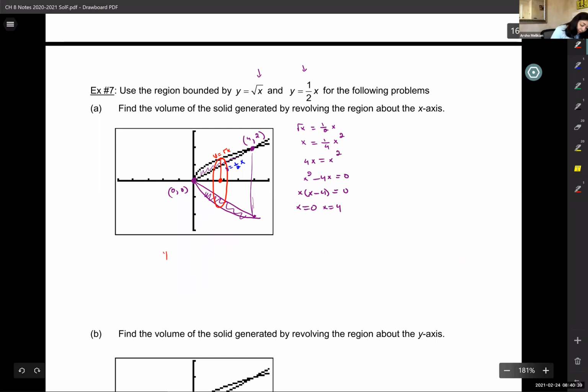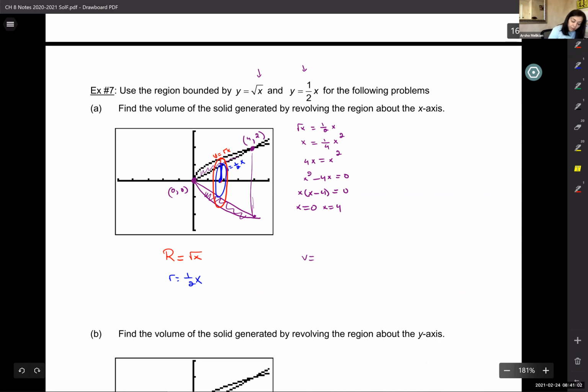That length here, that's capital R, and it's equal to root x because that's the function there. For the smaller circle, this is the radius. Again, it goes from the axis of revolution up to the closer graph. So little r is half x.